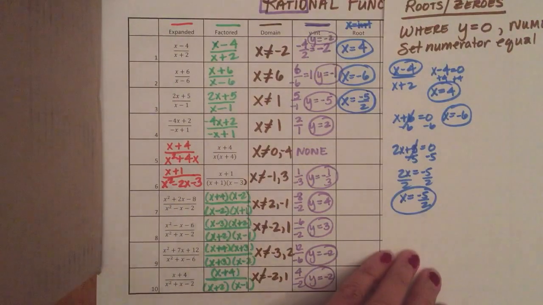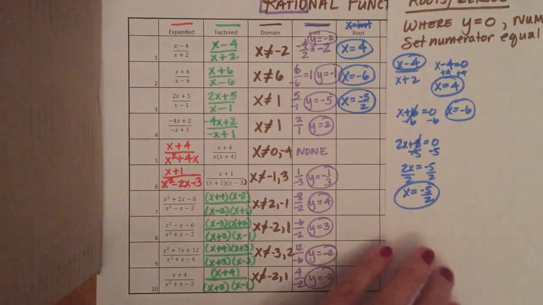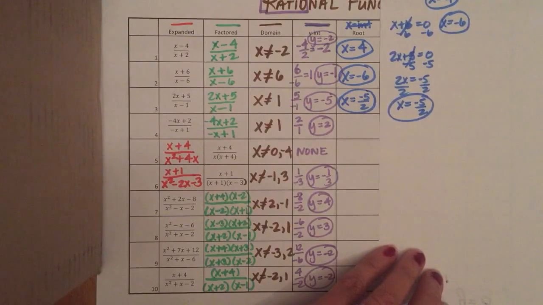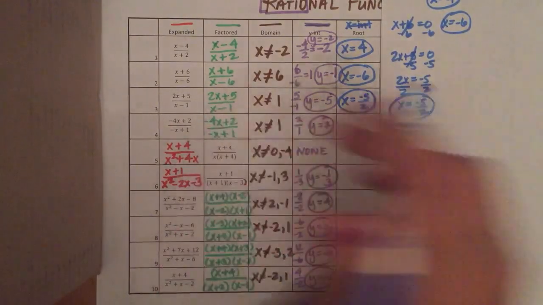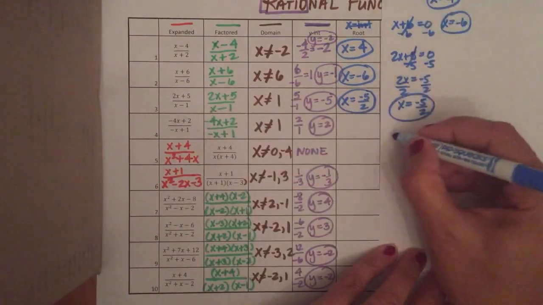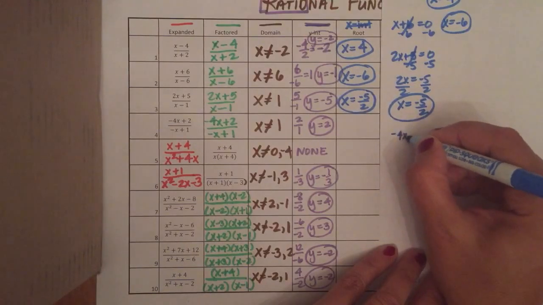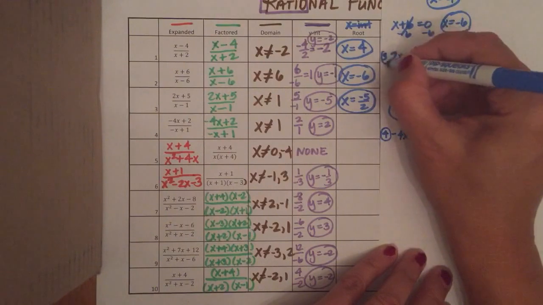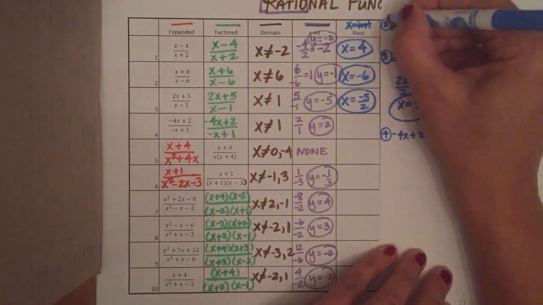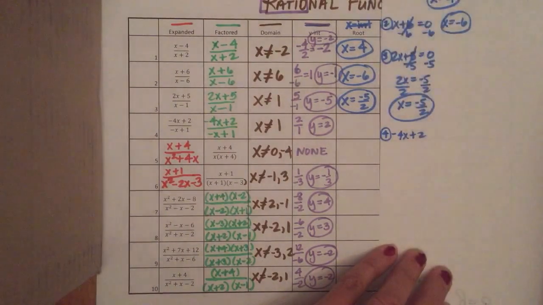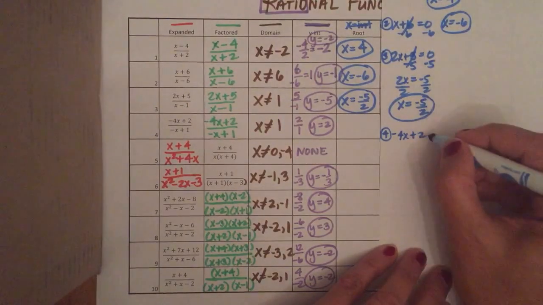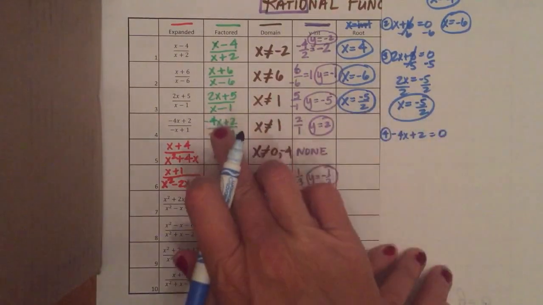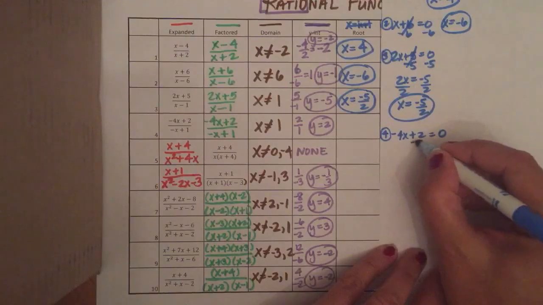So we're finding roots, and it shouldn't be too terribly difficult once you get the hang of it. Let's look at number 4. We have negative 4x plus 2. Let me number these so that you can see them more clearly. That's 2, and that's 1. I'm going to take negative 4x plus 2, which is the numerator, and set that equal to 0.